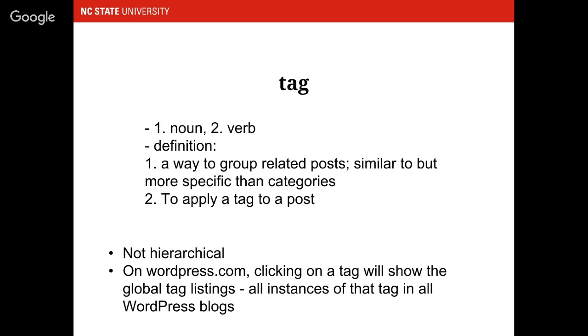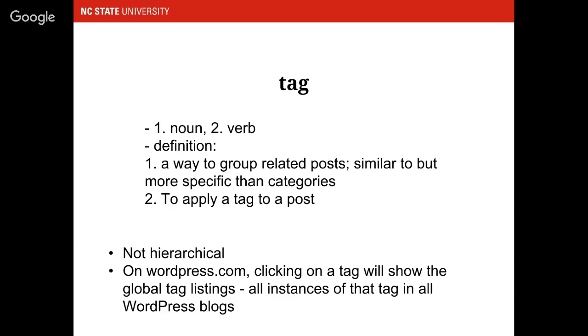So tag can be used as a noun where we're talking about the label that's being applied to posts, and it can also be used as a verb. You can say that I am going to tag a post with this tag, for instance. So the big difference between categories and tags is in terms of scope.